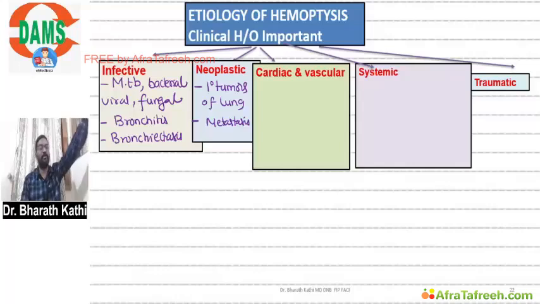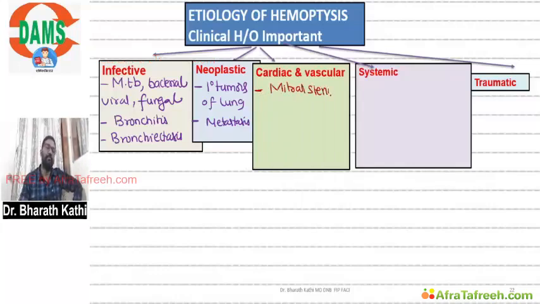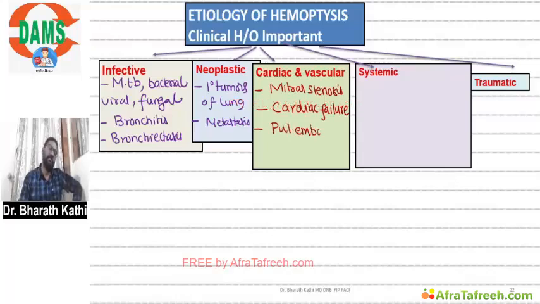Now this is where examiners will be more focused on non-pulmonary causes of hemoptysis. So you should at least tell, sir, mitral stenosis is a cause of hemoptysis. Cardiac failure is a cause of hemoptysis. Apart from that, pulmonary embolism is not a lung disease, it is a vascular disease.